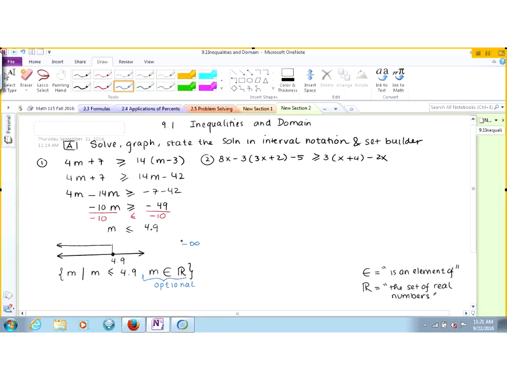And for infinity and negative infinity, what do I use? Comma, 4.9, bracket. Do you remember this or no? Yep. Okay. So I don't need to review. Why is it bracket? Why is it parentheses? No, we're good. Doable? Easy? All right. Now, number 2.